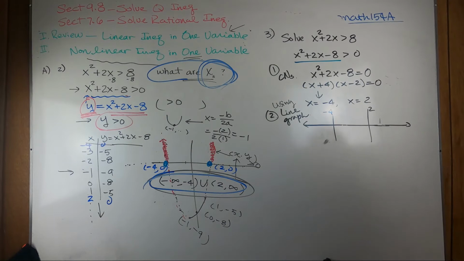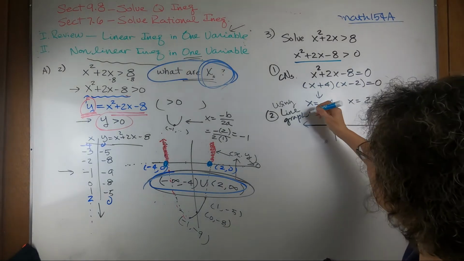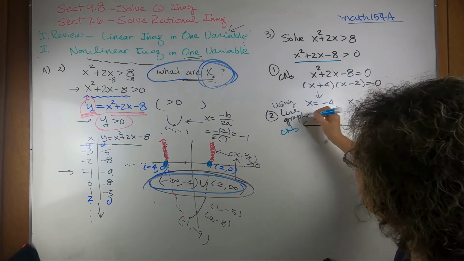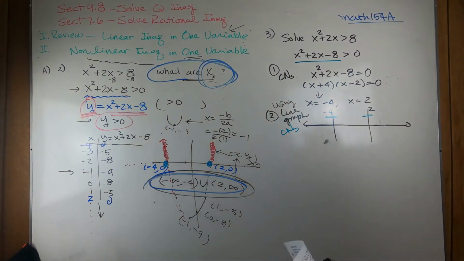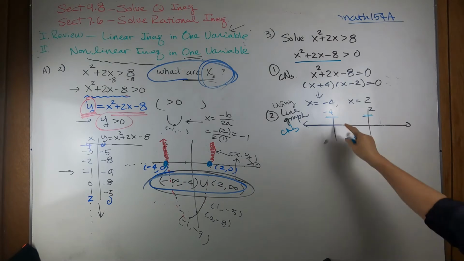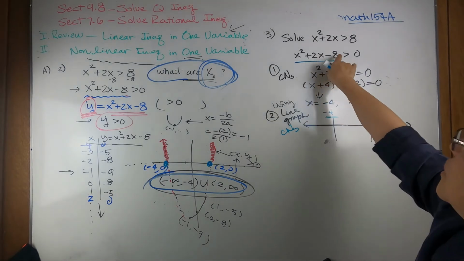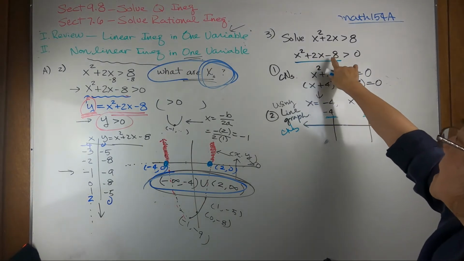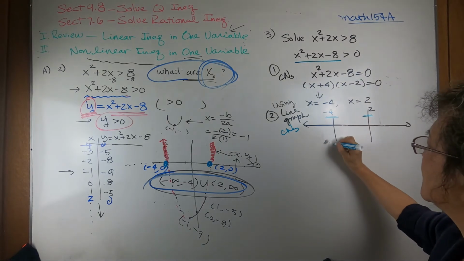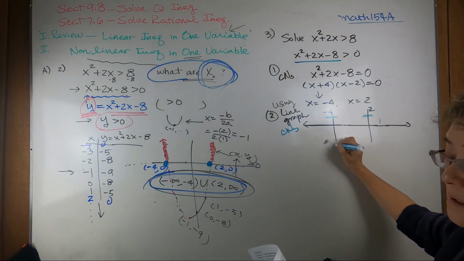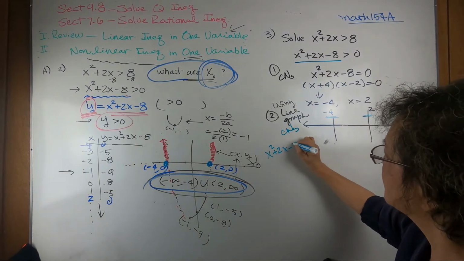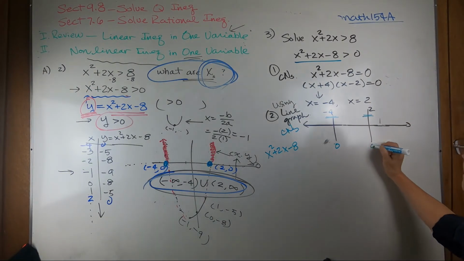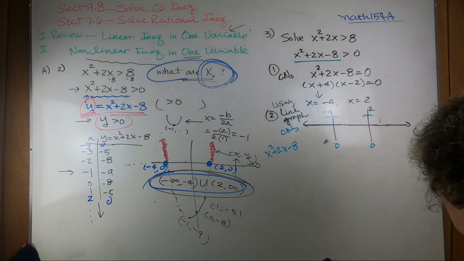So you do this way. Those are your critical numbers, negative 4 and 2. When you plug them into the original x squared plus 2x minus 8, this one will be 0 value, right?